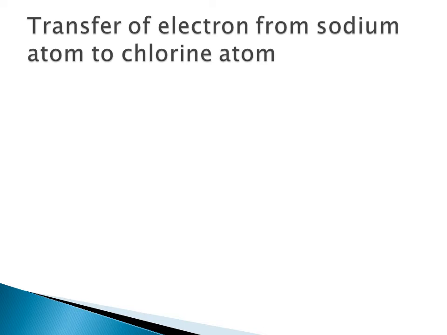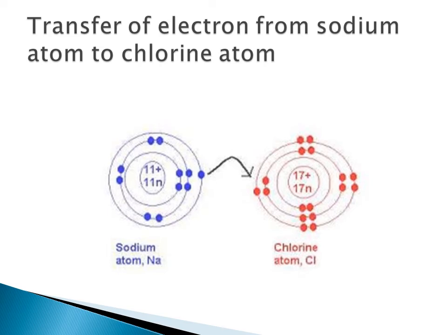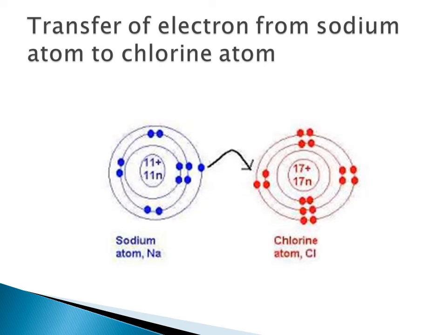Thus, when an atom of sodium combines with an atom of chlorine with electronic configuration 2,8,7, one electron is transferred from the sodium atom to the chlorine atom, resulting in the formation of a sodium chloride molecule.